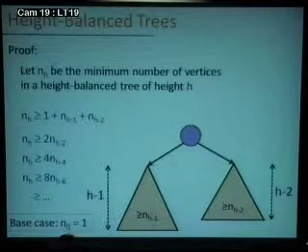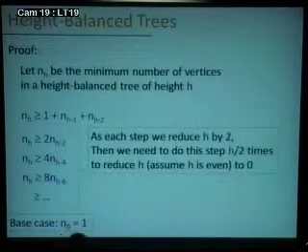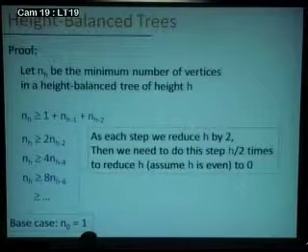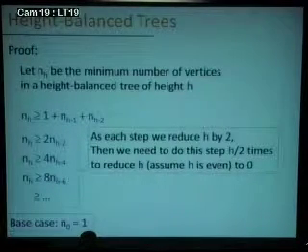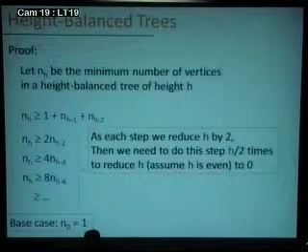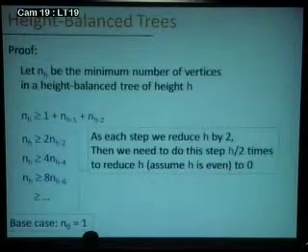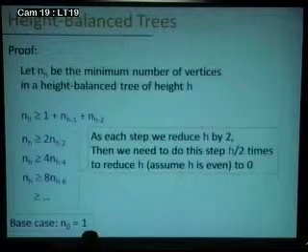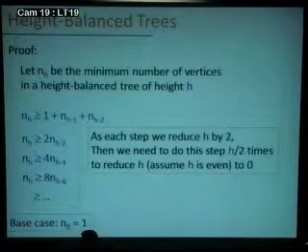All right. Now, see that I reduce h by 2. I start with h, become h minus 2, become h minus 4, h minus 6, and so on. To make the proof simpler, I assume h starts with an even number.